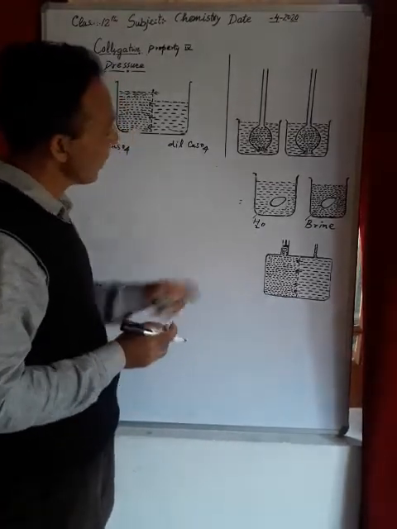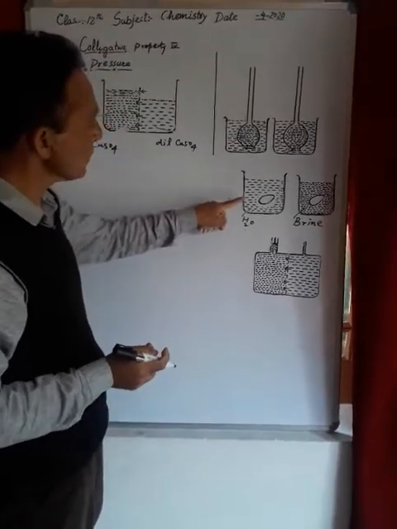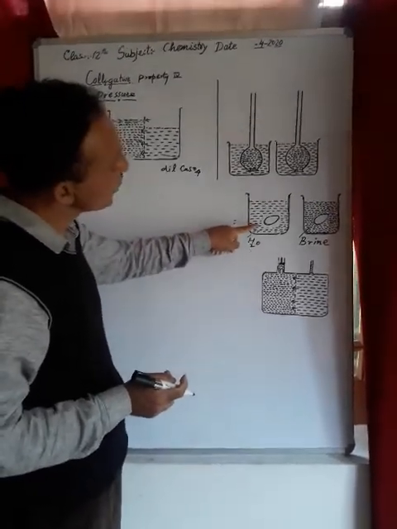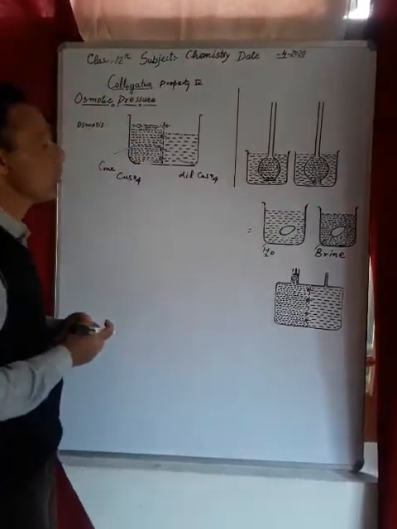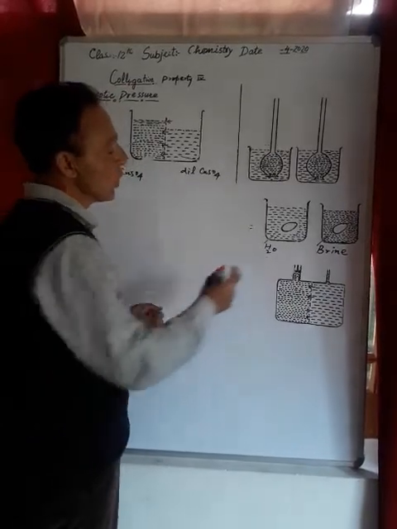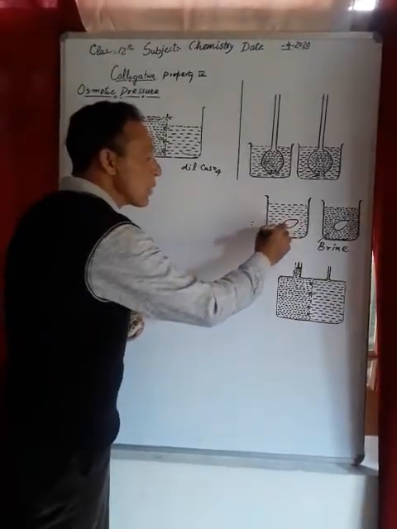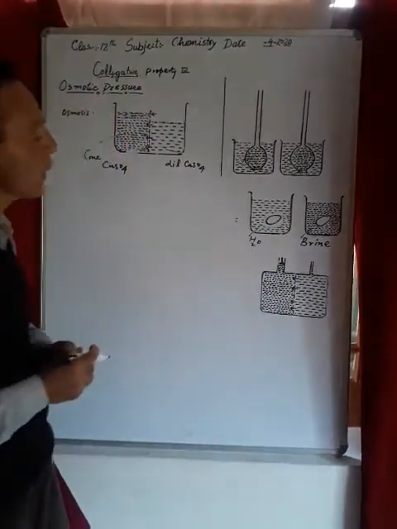What do we see? In the first case, the water molecules pass into this egg, which contains concentrated fluid, through the outer walls which act as a semi-permeable membrane.